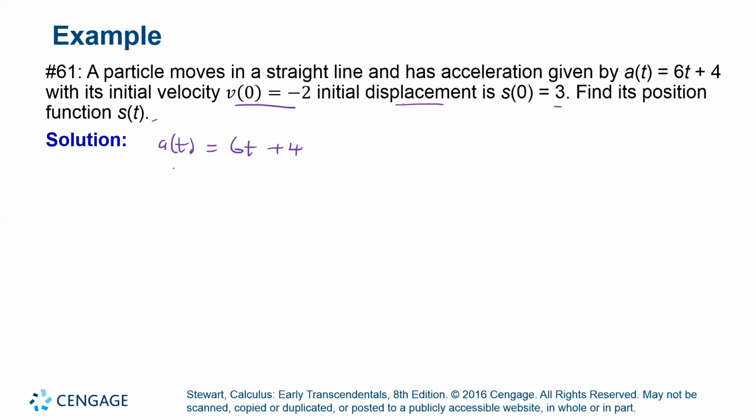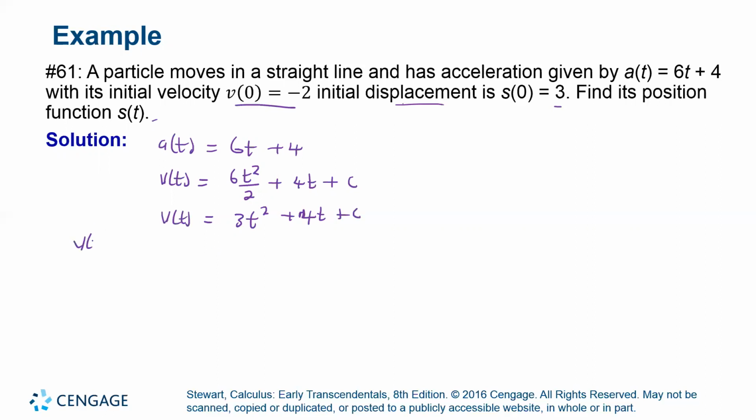Okay, so for me to find the velocity v of t, I need to find the antiderivative. The antiderivative of this would be 6t squared over 2 plus 4t plus a constant c. Now this gives me 3t squared plus 4t plus c. But we are given the condition.